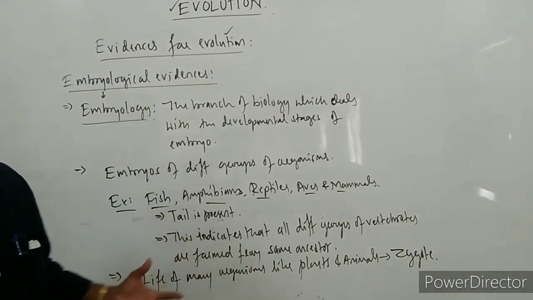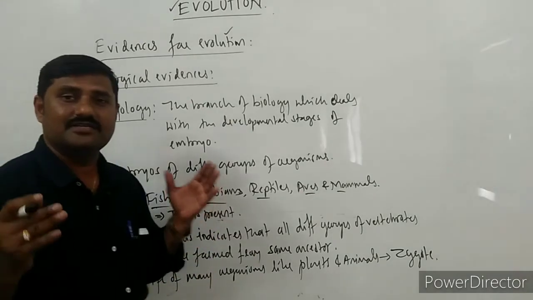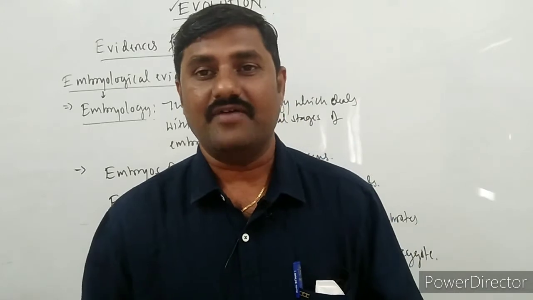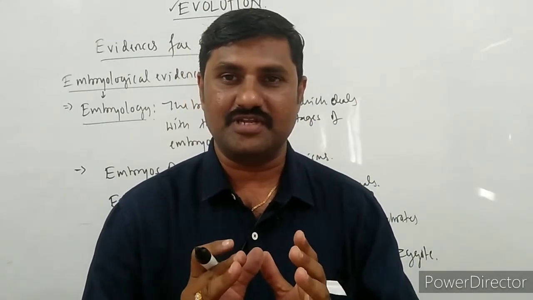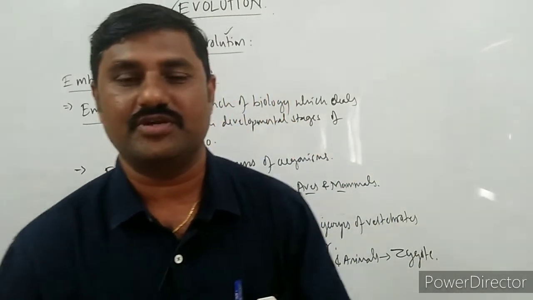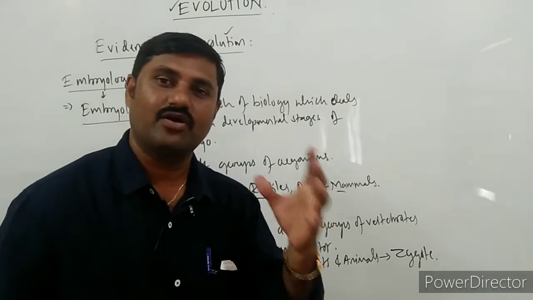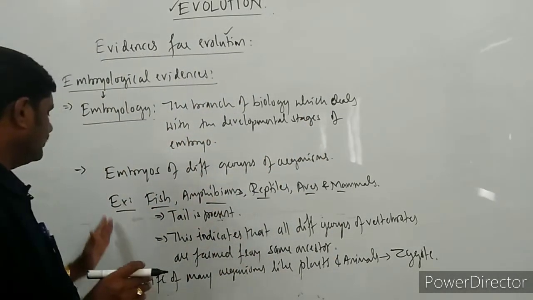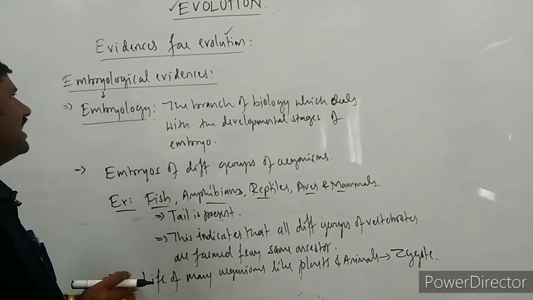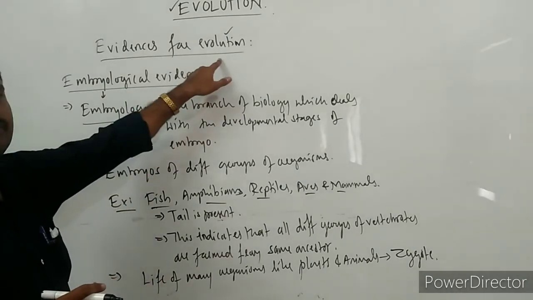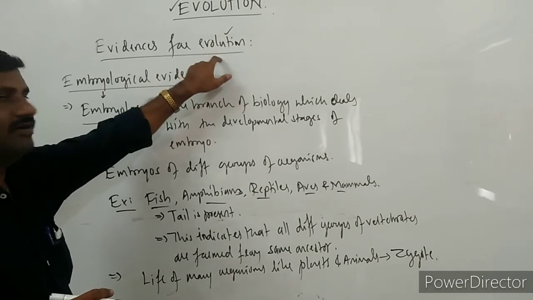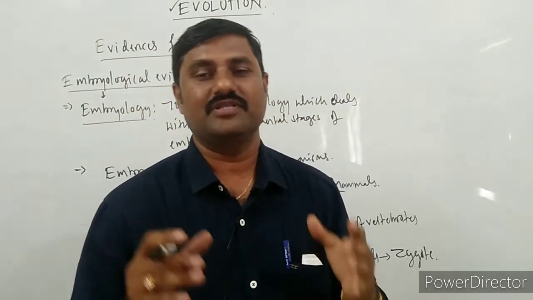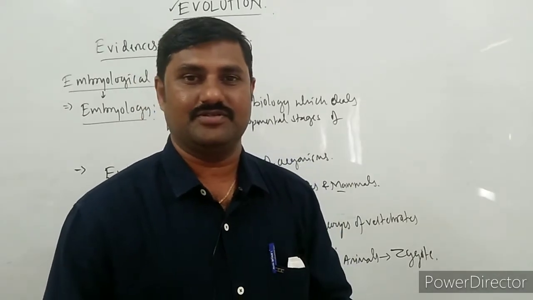So all these distantly related organisms have common ancestry, meaning they are all formed from a common ancestor. This is also one more fact, the best evidence for the evolution which has occurred on this earth. So this is about the embryological evidences.